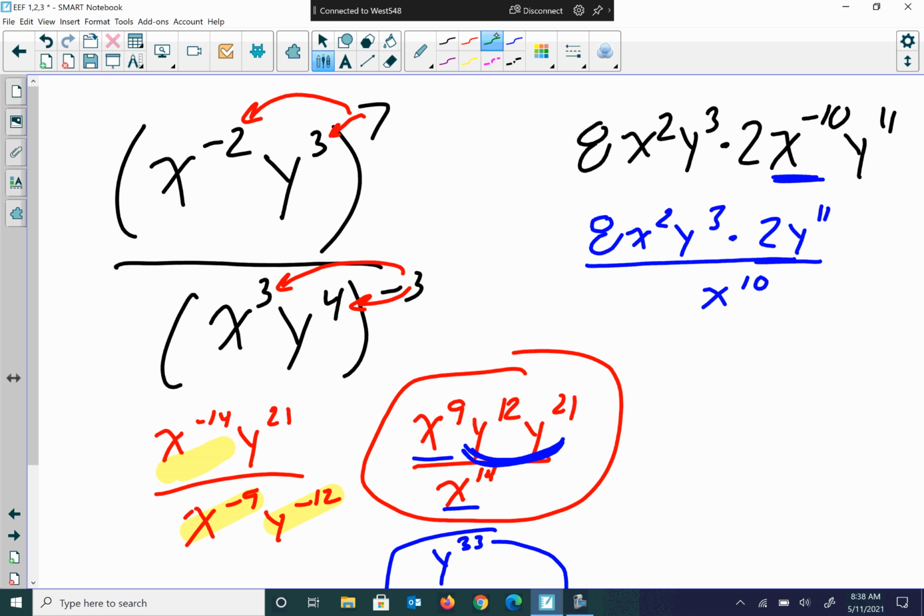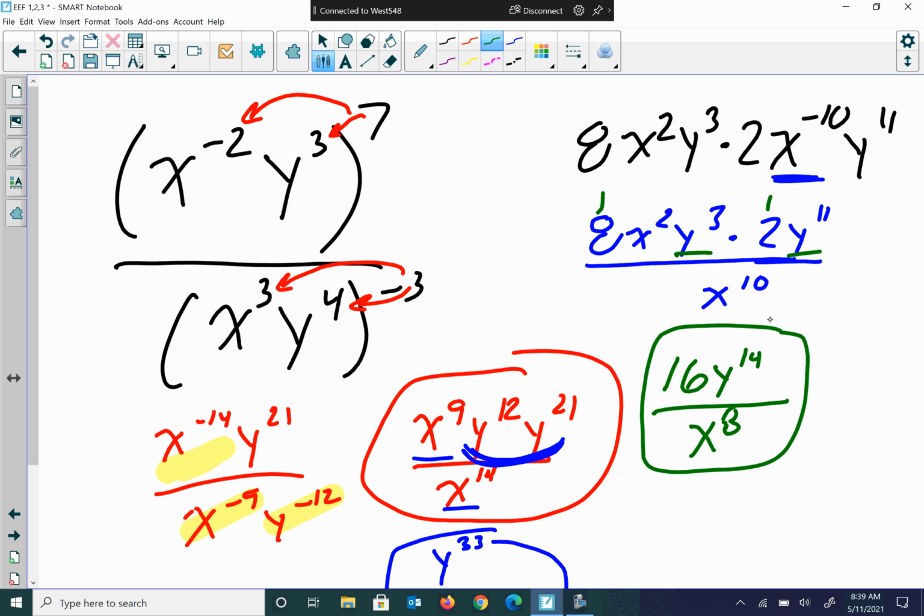Okay, looks like I can combine 8 times 2, and I'm going to get 16. Tug of war with the x's. Who wins, top or bottom? Bottom by how many? 8. And then the y's get combined. So how many y's are on top? 14. 14 is correct.